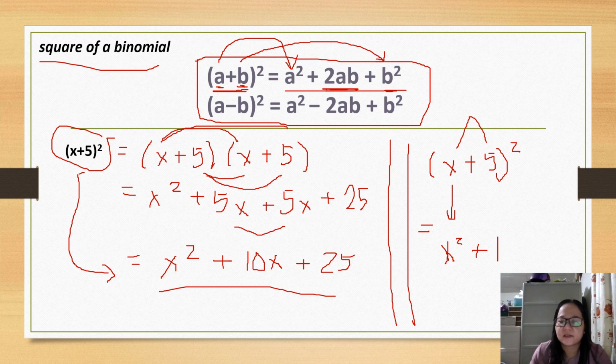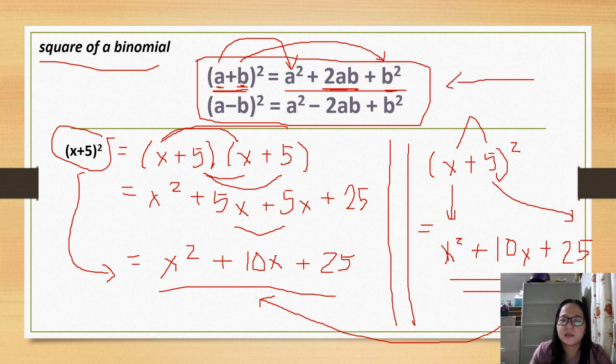Twice of 5x is 10x. And then for the third term, we simply square the second term in the binomial. So 5 squared is equal to 25. So as you can see, we have come up with the same answer as the one here, wherein we use the long method. So you can make use of the shortcut method by simply following this pattern.